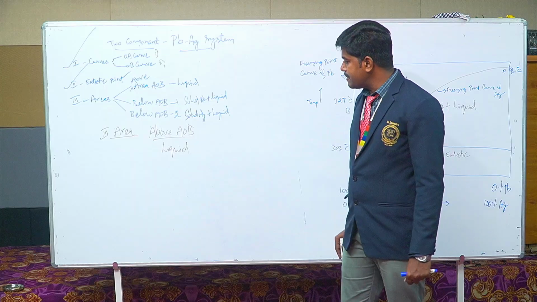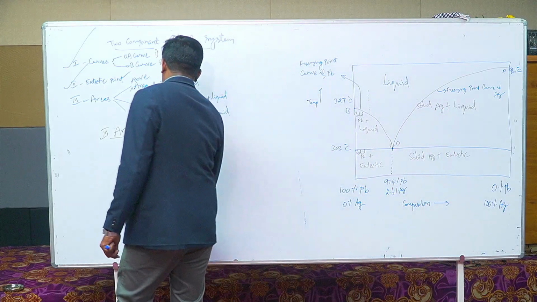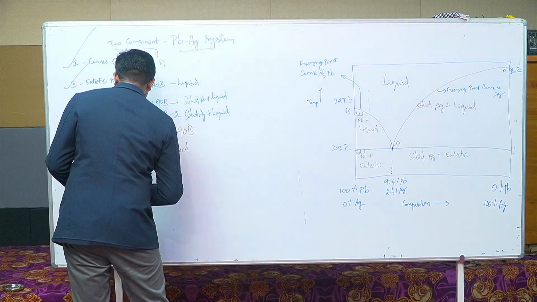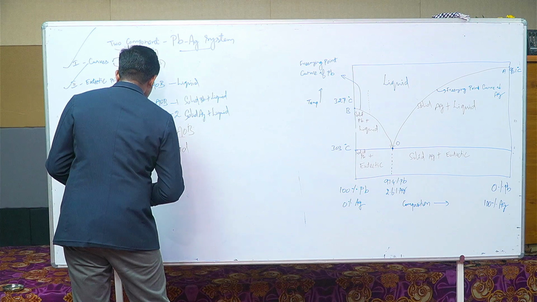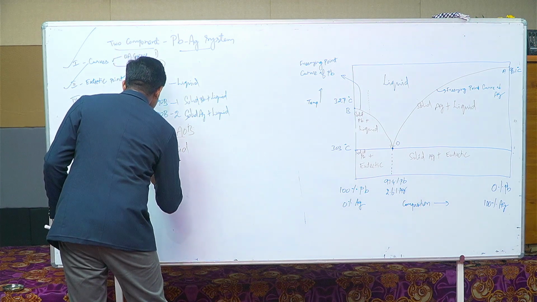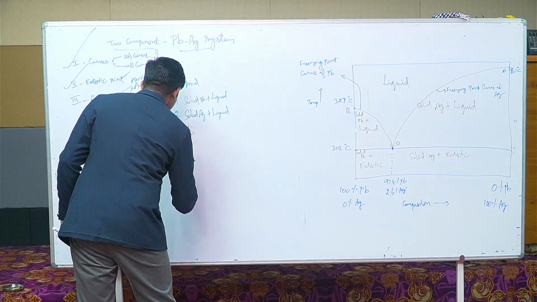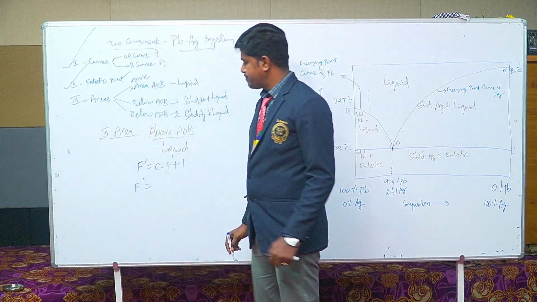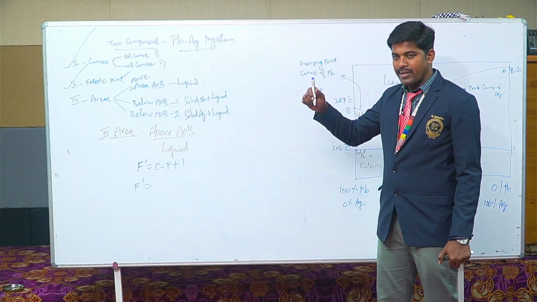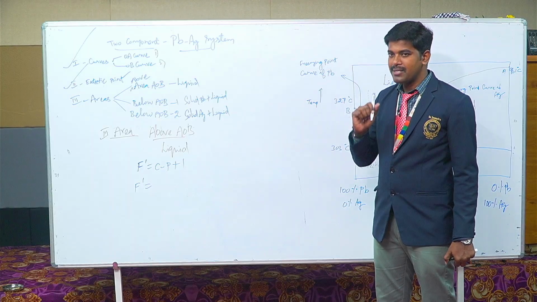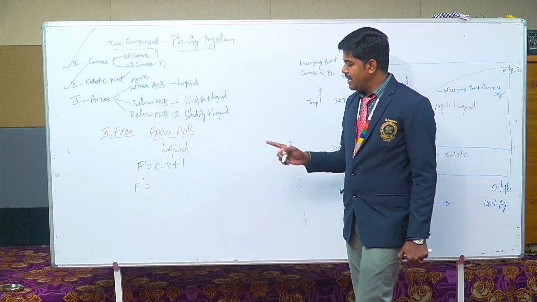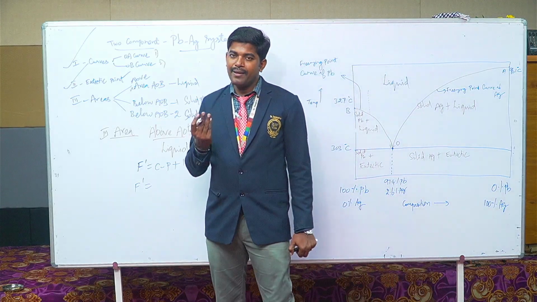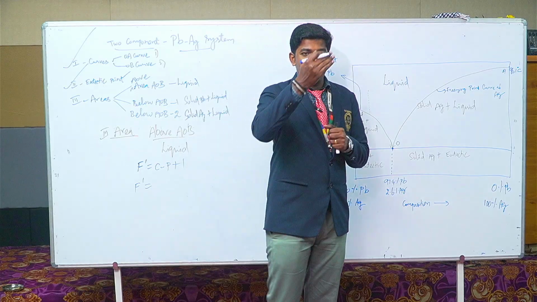Now we need to write the reduced phase rule. The number of degrees of freedom for this area, that is F dash, is equal to C minus P plus 1. What is the number of components here? The title itself has the answer, lead silver system. There are 2 components, even though the phase is 1. Both lead and silver are melted and converted into liquid.